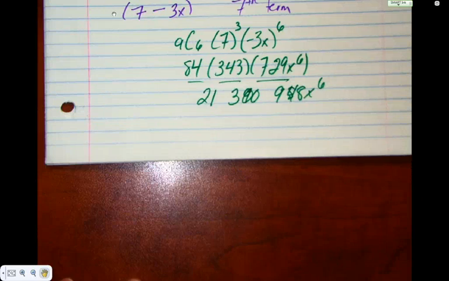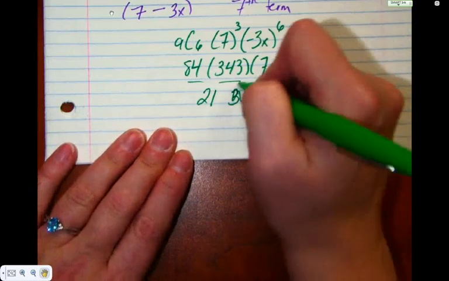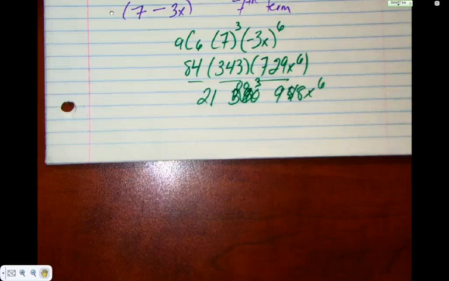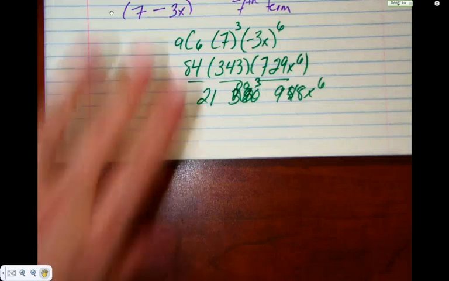So you can kind of see it. 0, 0, 3. So 21,003,948. Who got it? Perfect. And negative times negative times negative times negative, negative. If there's even amounts of negatives, it's going to be positive.